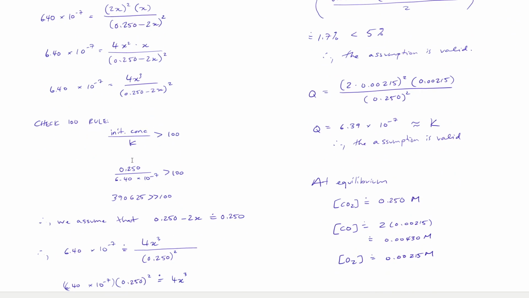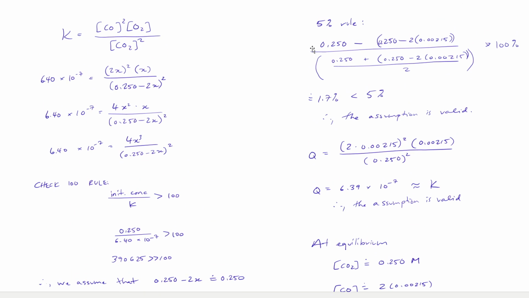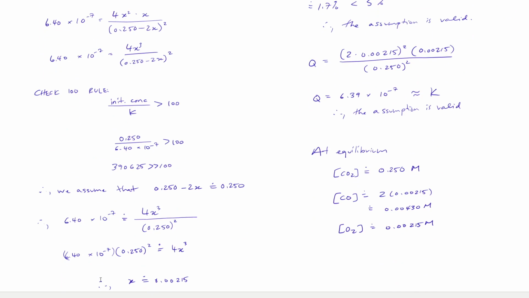We check the 100 rule. If the 100 rule works out, then we can say that this subtraction of the 2x is insignificant, and so instead of saying 0.25 minus 2x, we'll just say 0.25. And then we use the approximation to help us quickly find what the value of x is. We perform the two checks to make sure that the 5% rule works out and Q is approximately equal to K. And then with our x value, we can then state the equilibrium values.